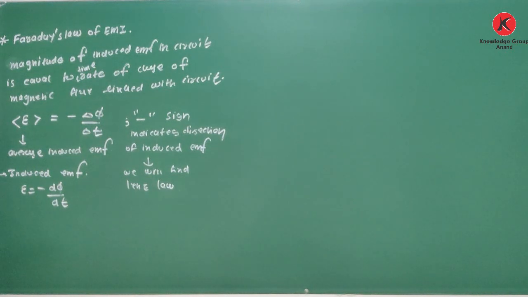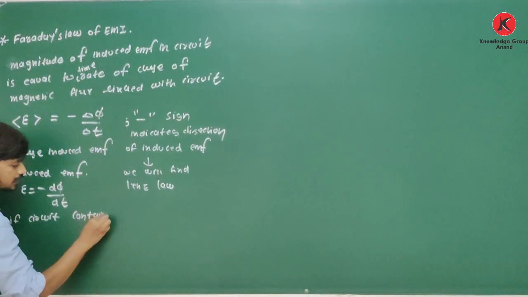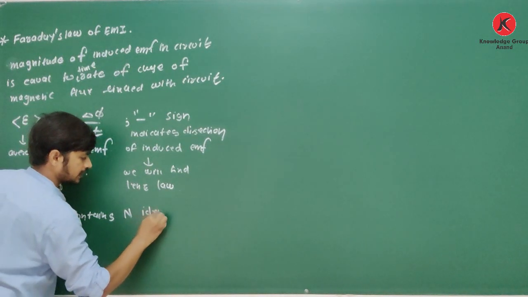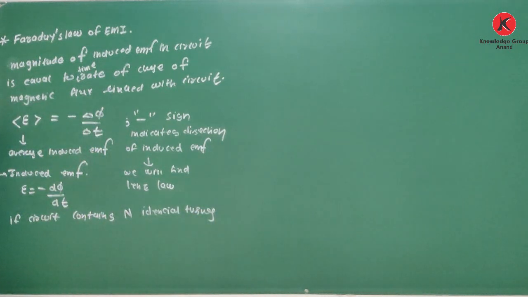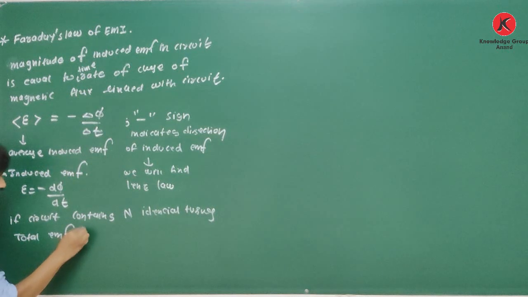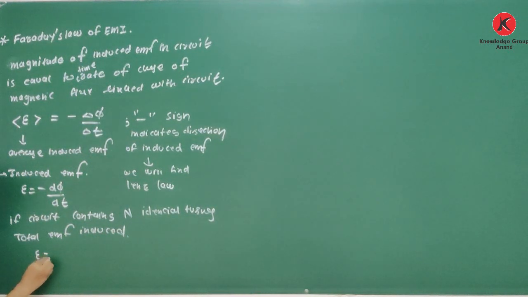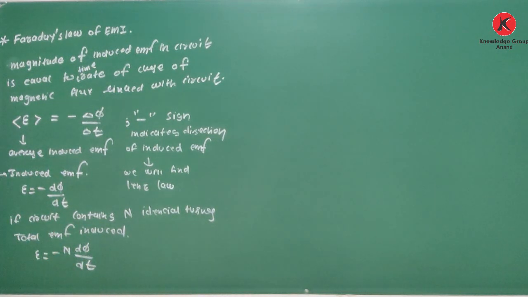Now E is equal to minus d phi upon dt. It is only for one circuit. If the circuit contains n identical turns, then the total EMF induced E is equal to minus n d phi upon dt.